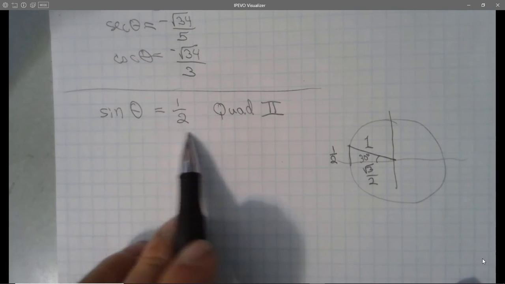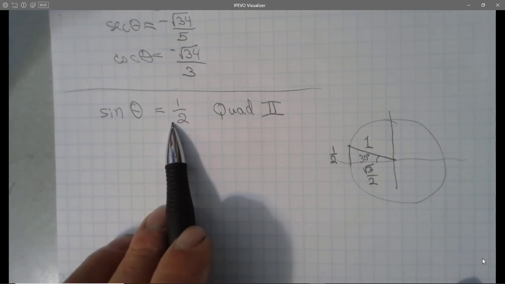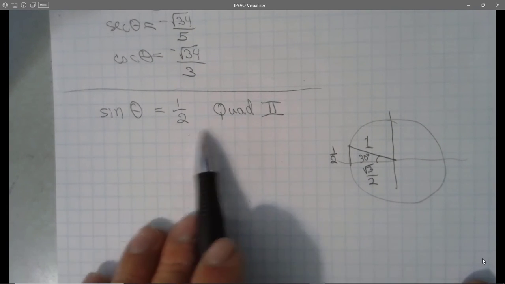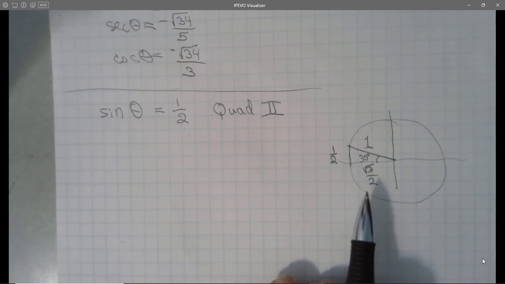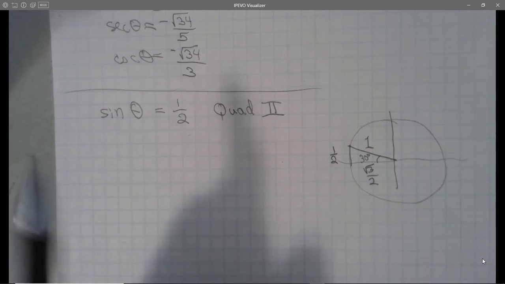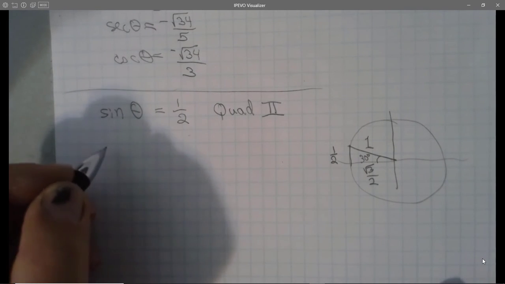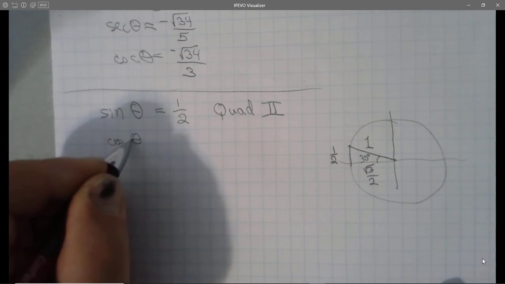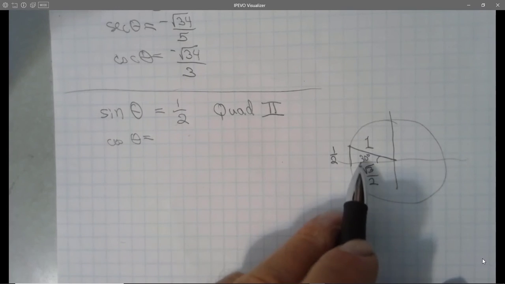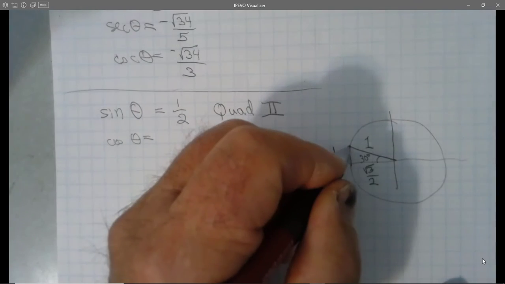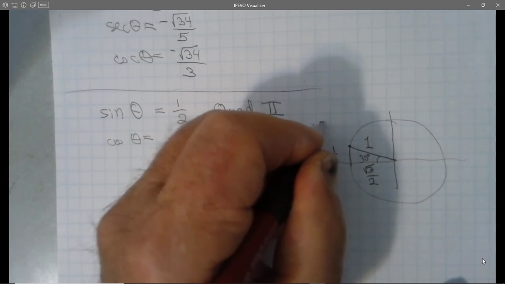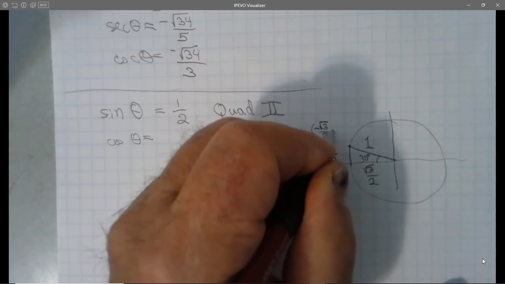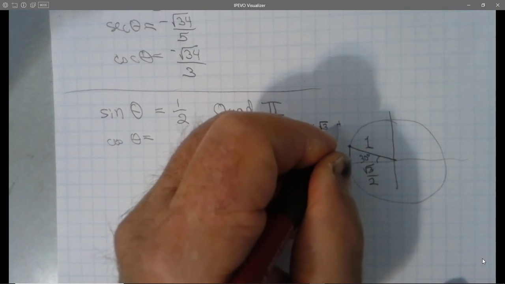So every once in a while you're given a problem where it's a special angle, and then you can just draw the picture immediately. You know what's going on. So the cosine of theta. Now we want to express things in terms of x and y coordinates. So the x coordinate is minus root 3 over 2, and the y coordinate is plus 1/2.